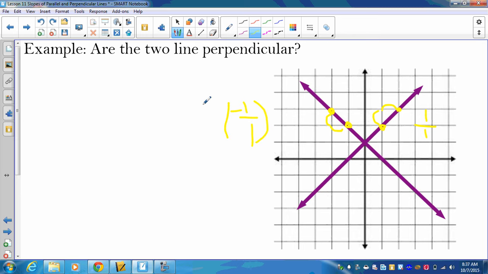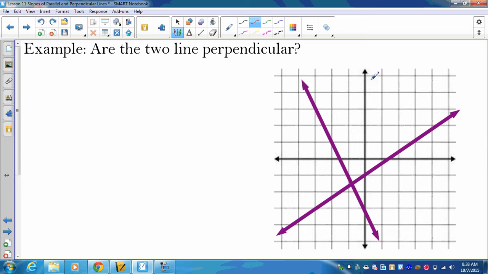So let's multiply those two together. When we do that, we end up with negative 1. So these two lines are perpendicular, which again means that we have right angles formed here. Go ahead and pause and give this one a shot.